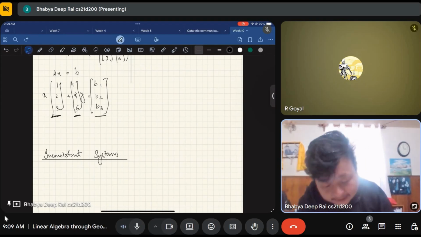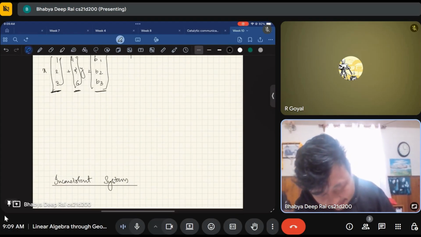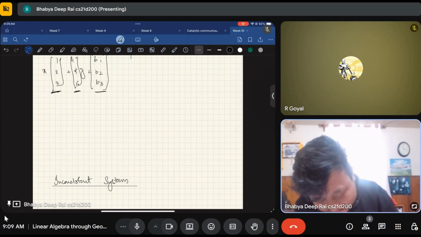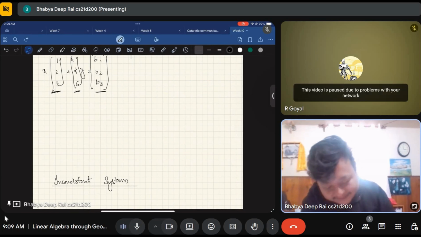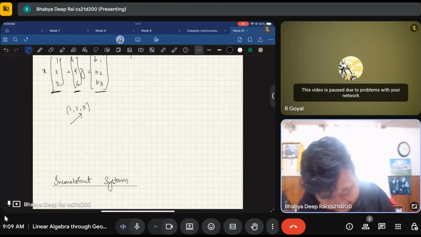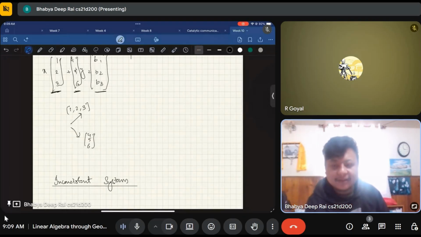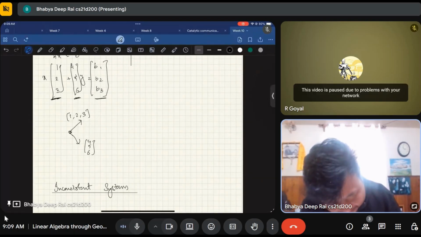The other way to interpret it is, I have these two vectors 1, 2, 3, and 4, 5, 6, and b1, b2, b3 is here.